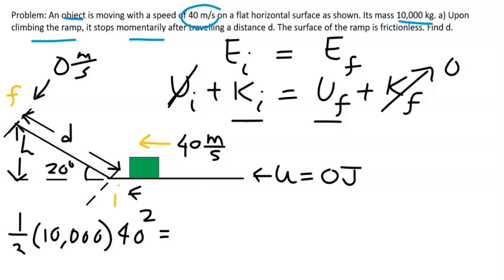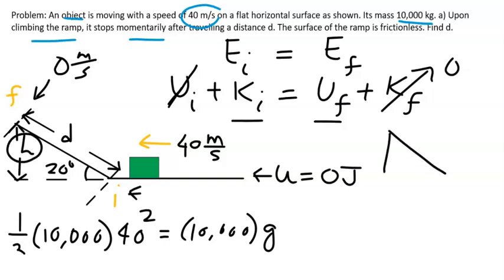This equals the gravitational potential energy at the final point, which is again mass, 10,000 kg, times gravitational acceleration g, times the vertical height h. So what is that height h? Now we can express height h in terms of d and angle 20 degrees.